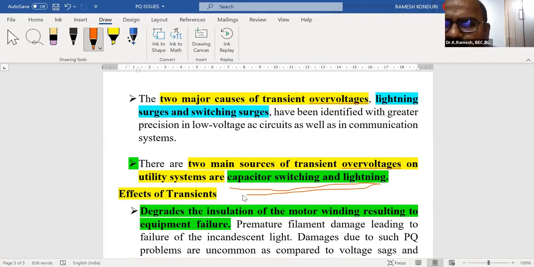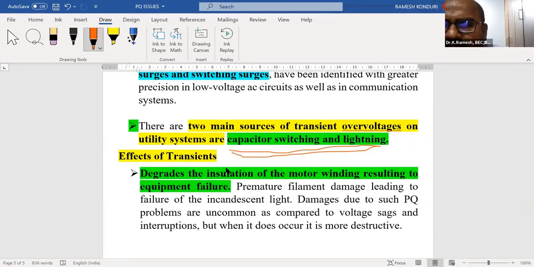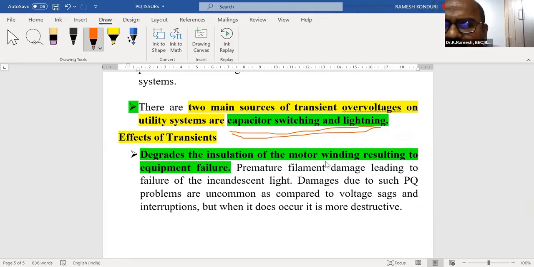The effects of transients are that they degrade the insulation of the motor winding, resulting in equipment failure.